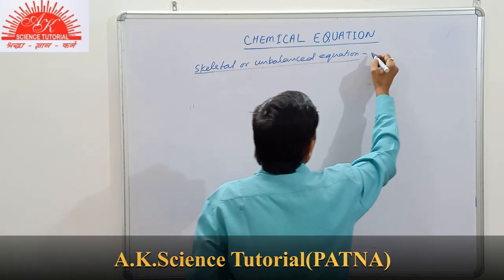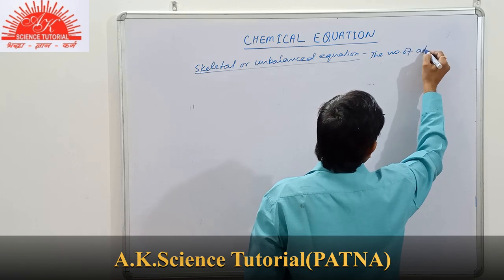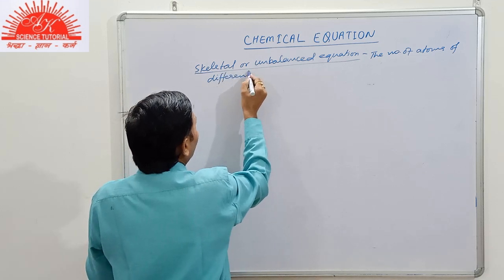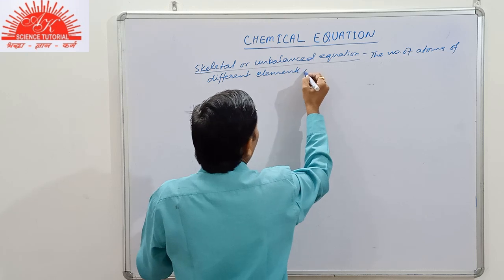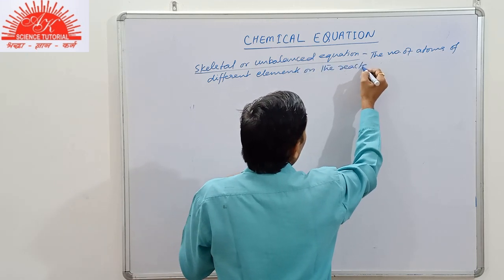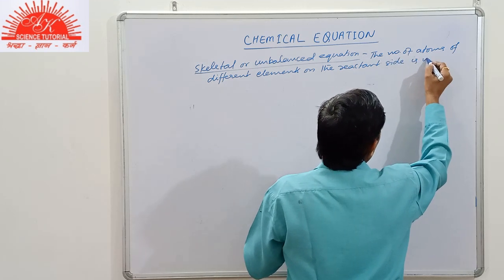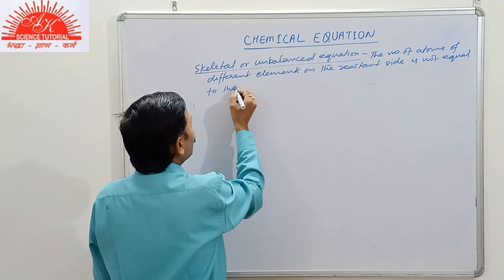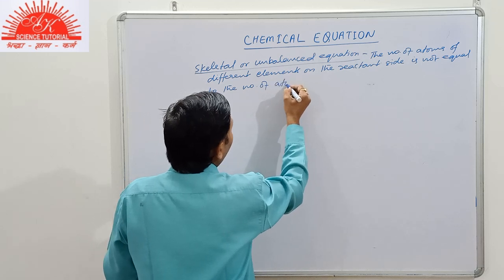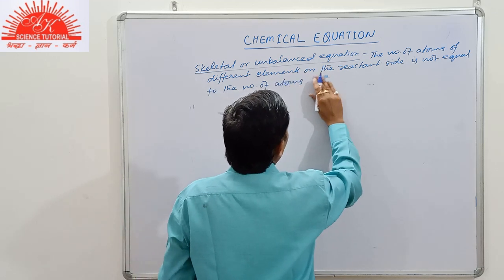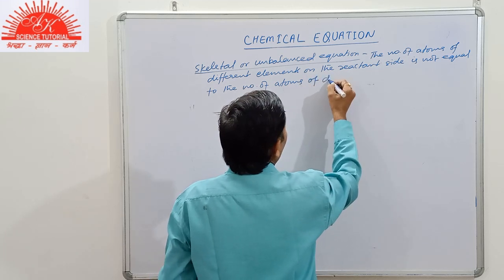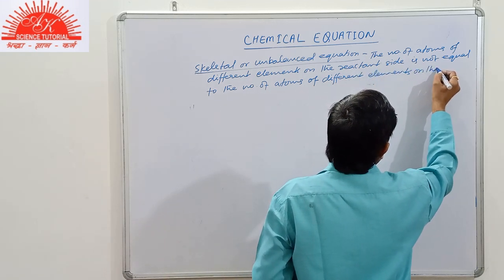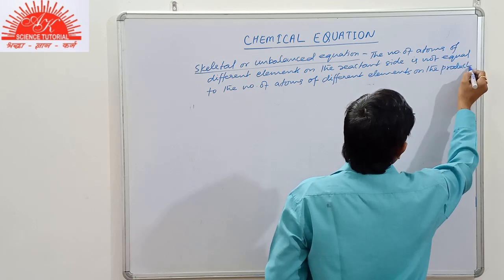In this type of equation, the number of atoms of different elements on the reactant side is not equal to the number of atoms of different elements on the product side.